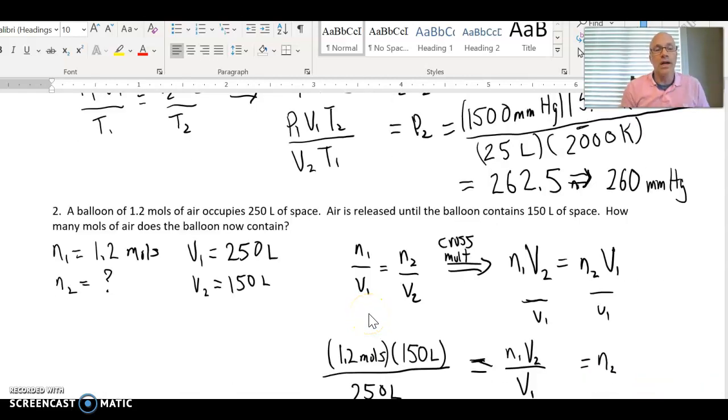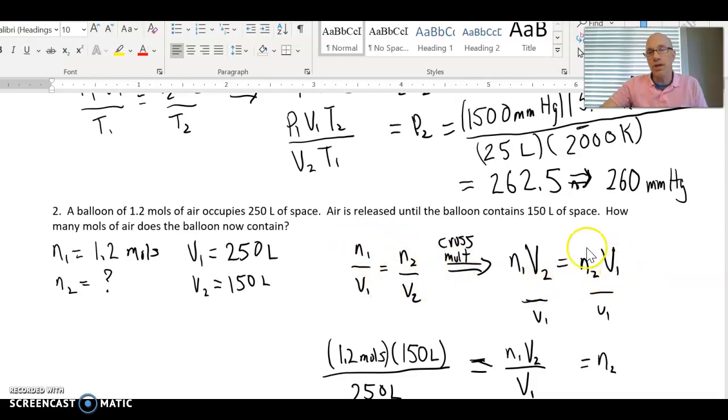In number 2, notice that again we do have a change occurring. We're releasing air from a balloon. Labeling things, when you have moles, that is represented by N. These are your volumes. So the appropriate equation would be this one right here.